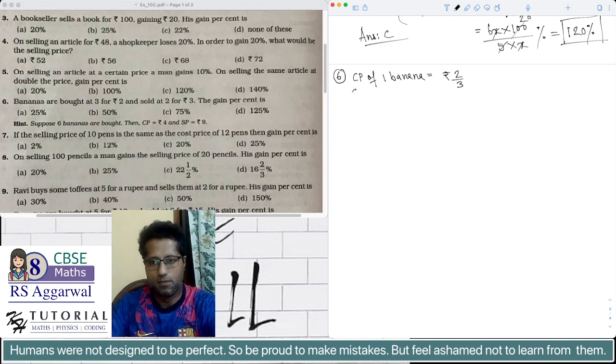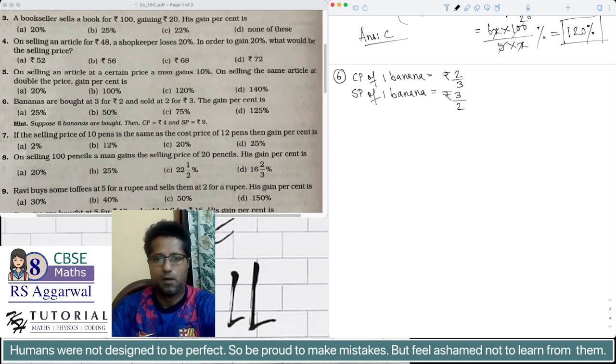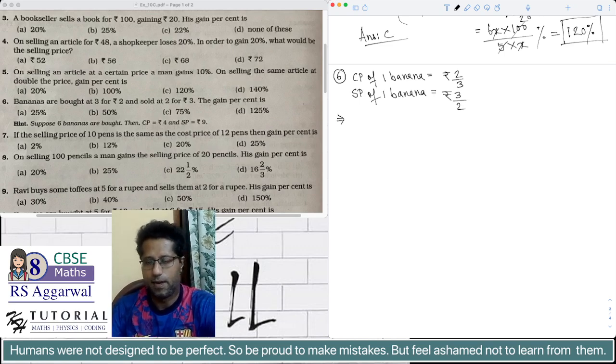Similarly, selling price of one banana is rupees 3 by 2, that is 2 bananas were sold for rupees 3, so one banana will be sold for rupees 3 by 2. So this implies, now we can see that 3 by 2 is definitely greater than rupees 2 by 3.